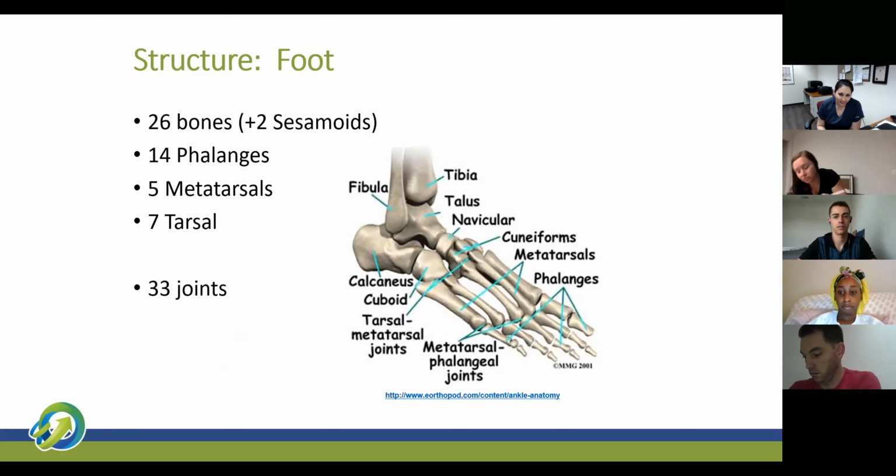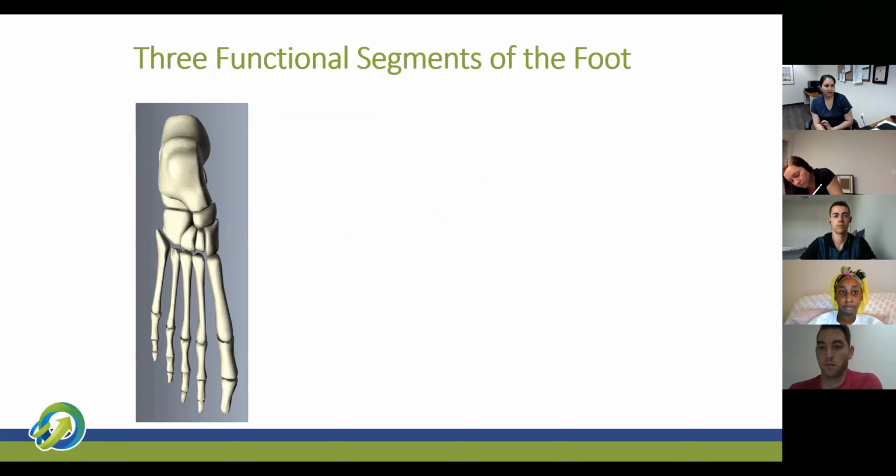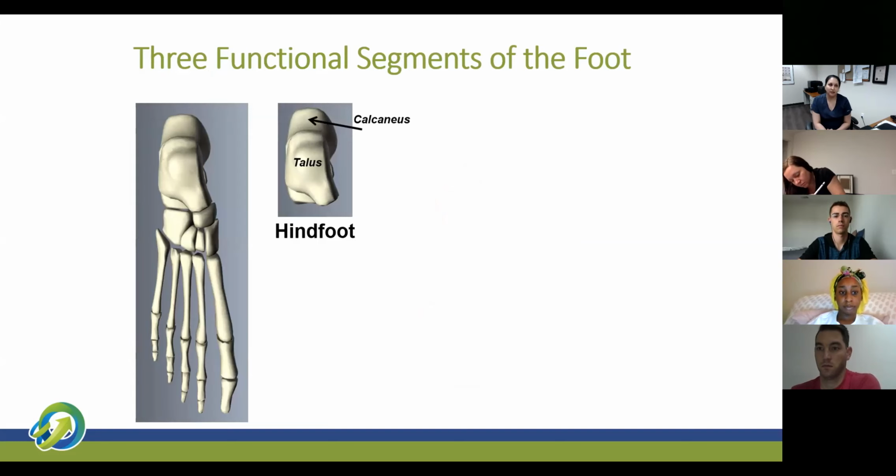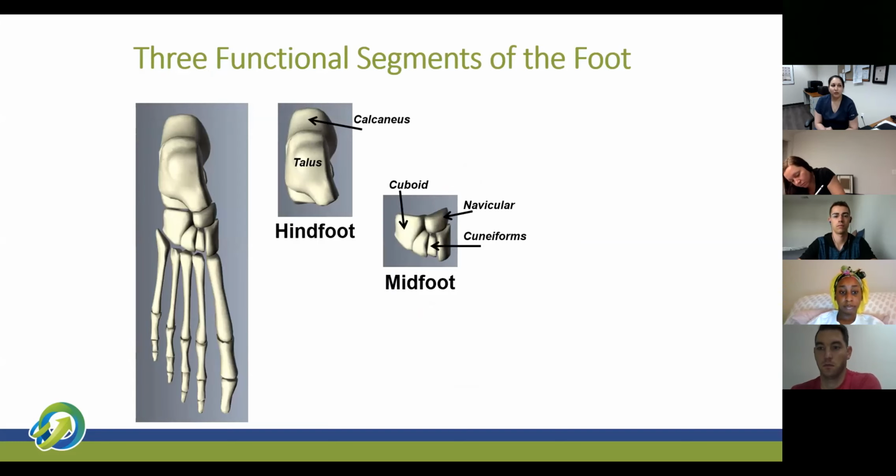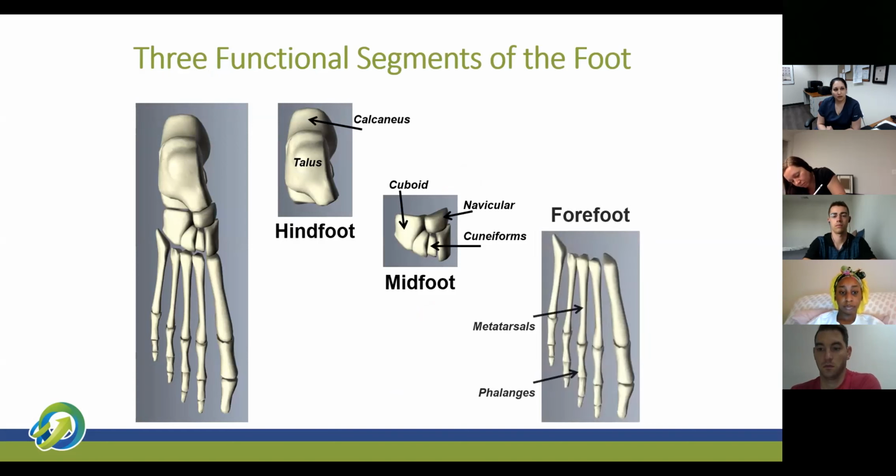The cuboid, the navicular, and the cuneiforms. Right. And the last one, what makes up the forefoot? Metatarsals and the phalanges. Right. So we discussed the segments: the hindfoot with the calcaneus and the talus, the midfoot with the cuboid, navicular, and cuneiforms, and then our forefoot.